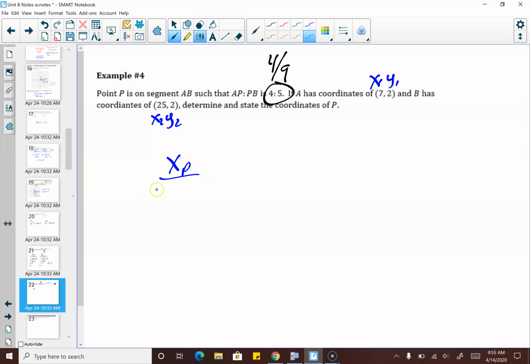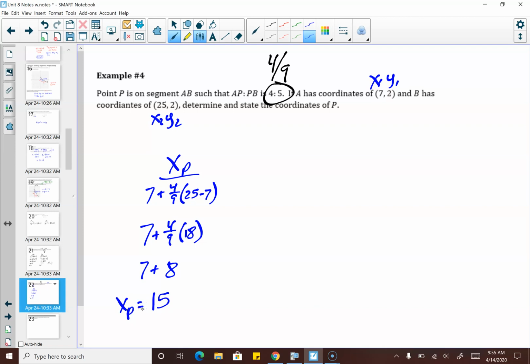So it says x1, so 7, plus our ratio 4 over 9, times x2 minus x1, so 25 minus 7. 25 minus 7 gives us 18. 4 ninths times 18 gives us 8. And then 7 plus 8 is 15.